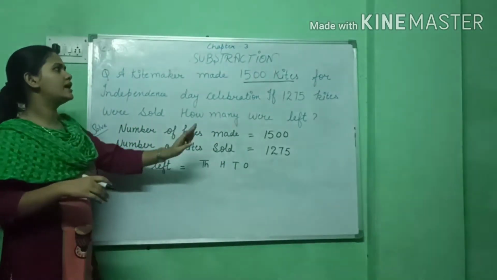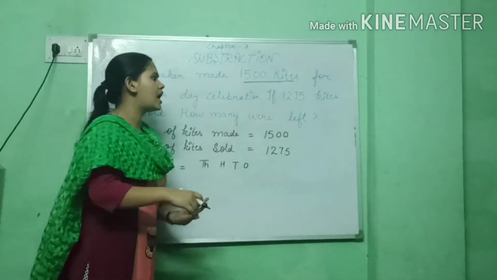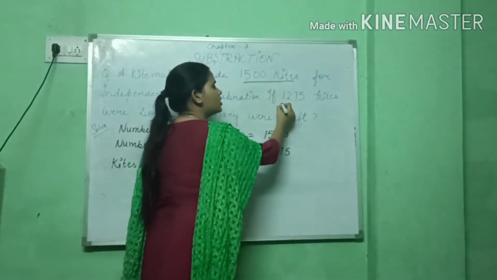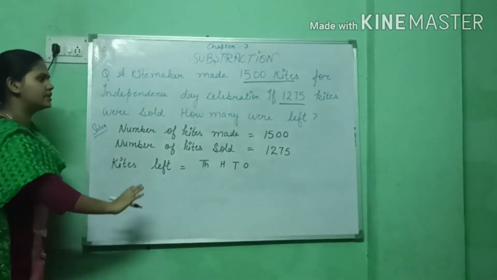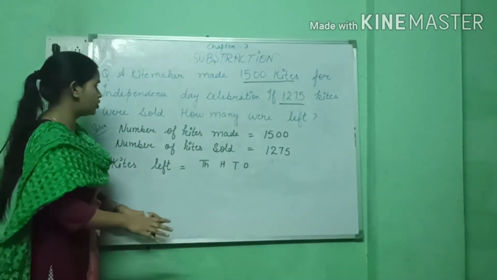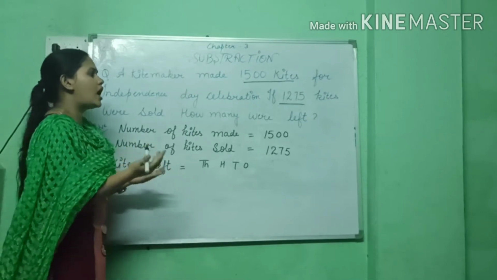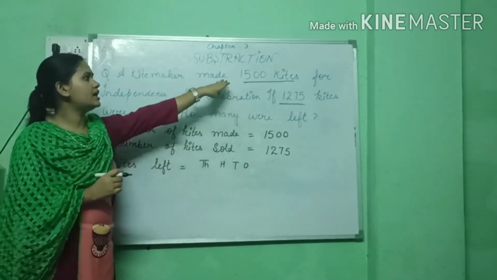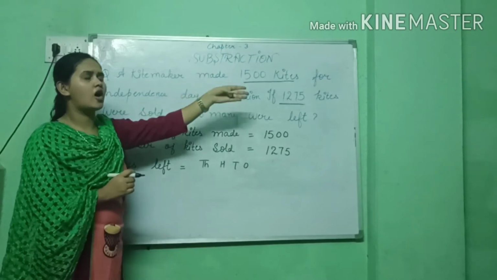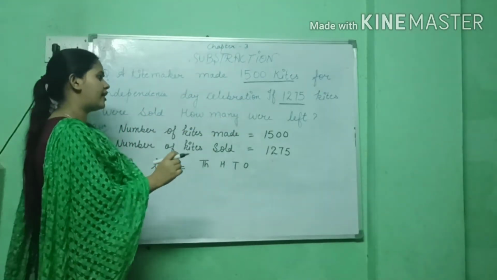Now he made 1500, and out of it, how many kites were sold? We have to find how much is left. Which means if he sold that much, then out of the 1500, how much is left? So we will find it.